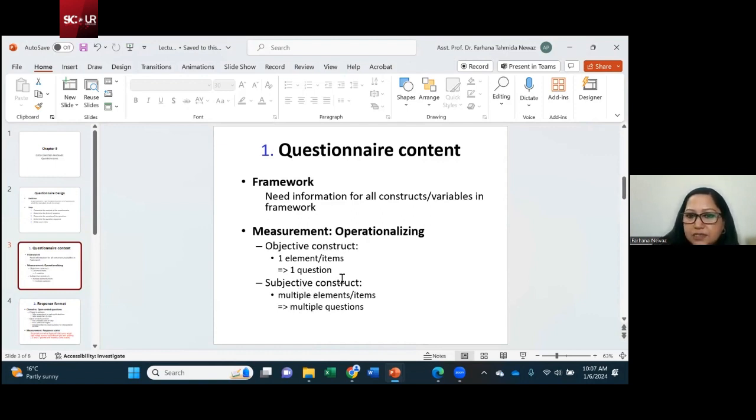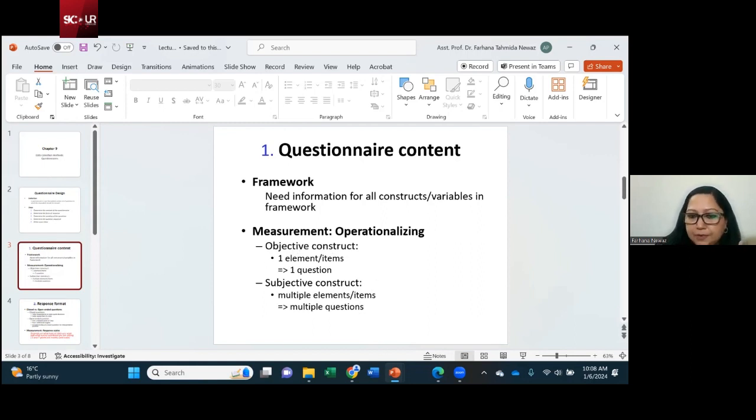This is objective construct and subjective construct, meaning objective variable or subjective variable. What are those? Objective constructs or variables are those which we can measure using only one question. Those variables will be called objective constructs.